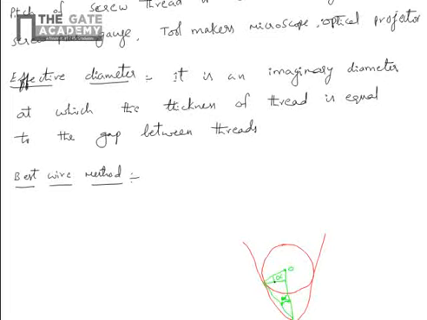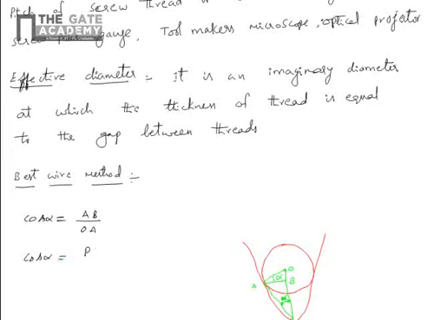So this is center O, A, B, C. From the triangle, cos alpha equal to adjacent side AB divided by hypotenuse OA. So adjacent side is what?